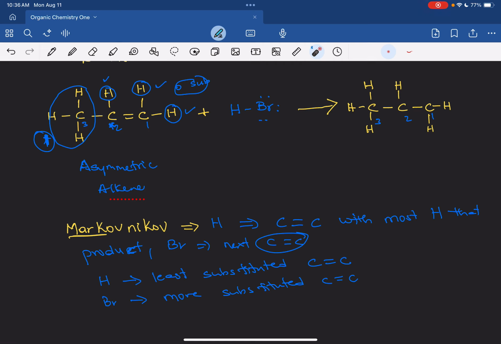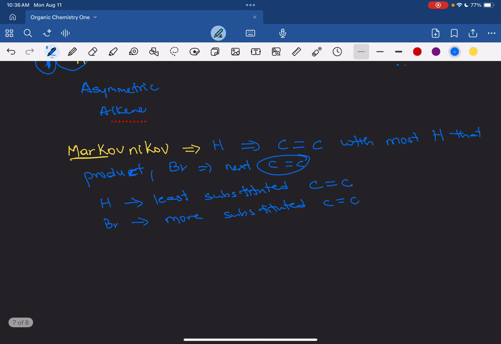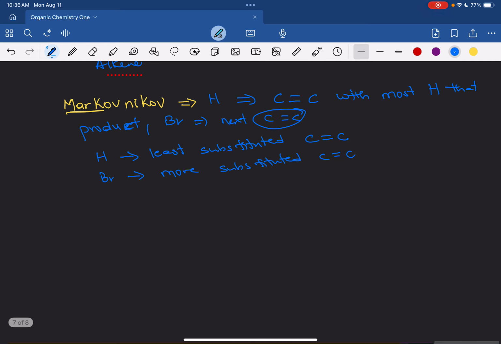So carbon one has two hydrogens and carbon two only has one. Based on Mark, your hydrogen is going to add to carbon number one and your Br is going to add to carbon number two. Because of this, we say that this reaction is what we call a regiochemical reaction.